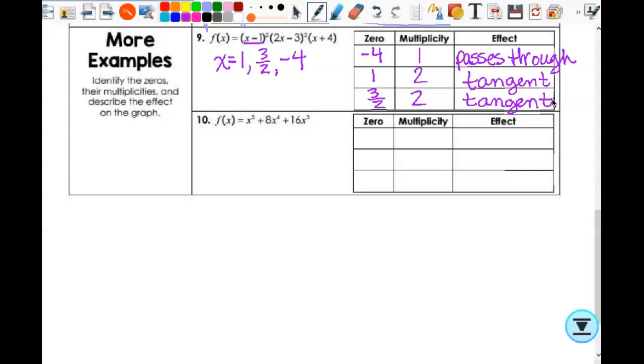All right, so then on number 10, go ahead and factor it. Find your zeros, fill out your chart.